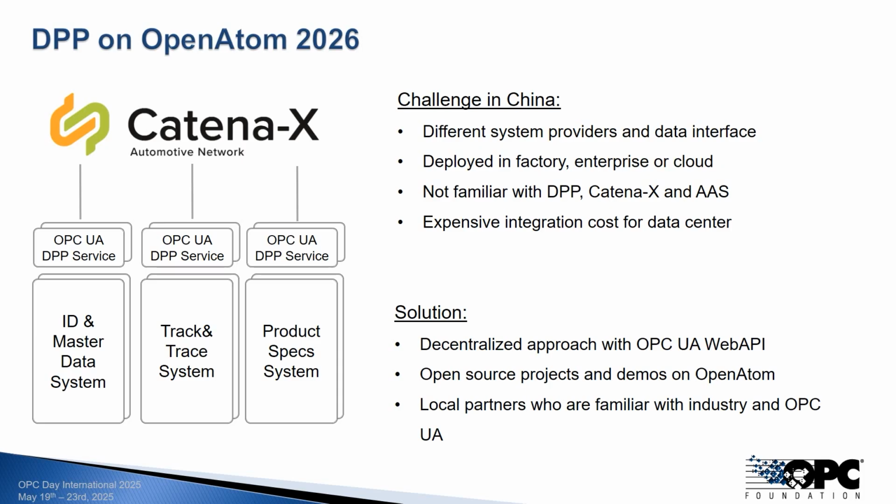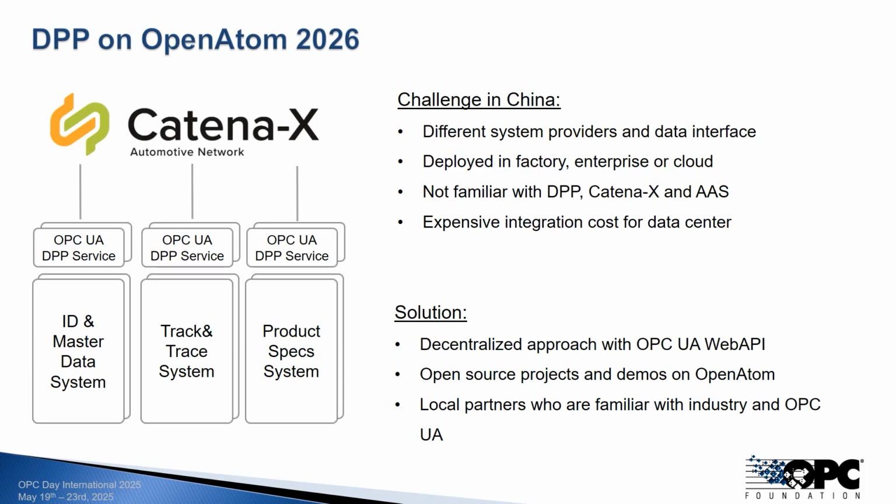Those systems are from different vendors with different interfaces, and they are deployed in multiple layers such as factory, enterprise, and cloud. On the other hand, local companies and developers are not familiar with standards such as DPP and AAS, and that will make the integration work difficult and expensive.